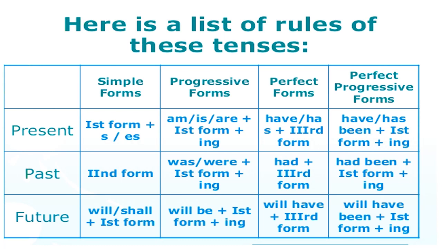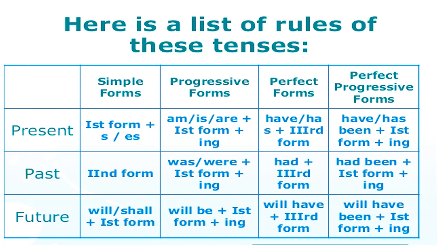Perfect forms, we have and has. Has is used for he, she, it. Otherwise we can use have, plus past participle or third form of the verb. Perfect progressive forms, have or has been plus first form plus ing.